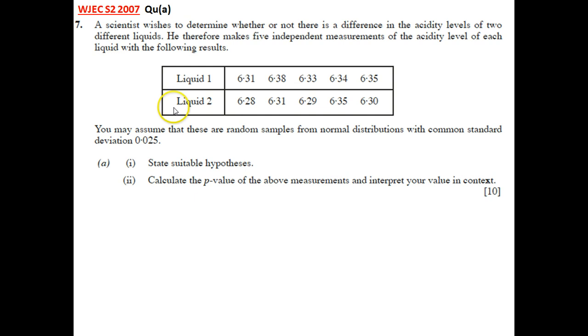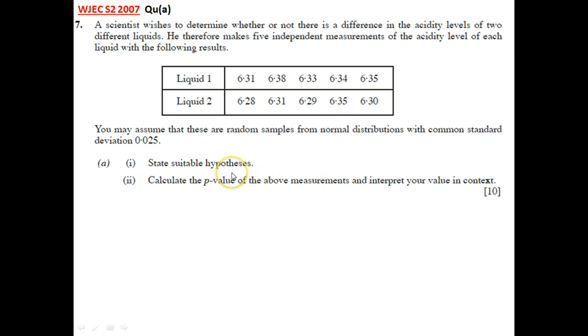Another question on difference in means. A scientist wishes to determine whether or not there is a difference in the acidity level of two different liquids. He therefore makes 5 independent measurements of the acidity level of each liquid with the following results. You may assume that these are random samples from a normal distribution with common standard deviation 0.025 for the original liquids.